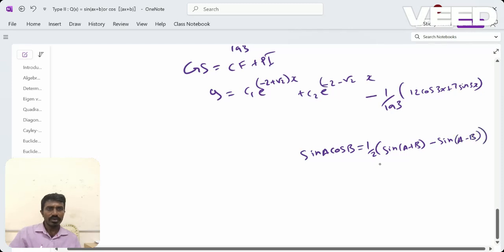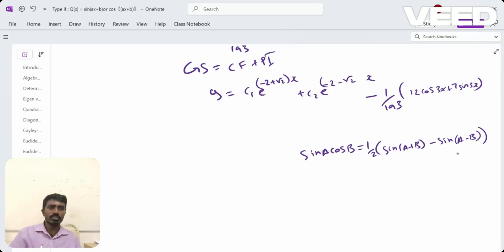If you apply this formula, then you get sin ax plus or minus sin bx.